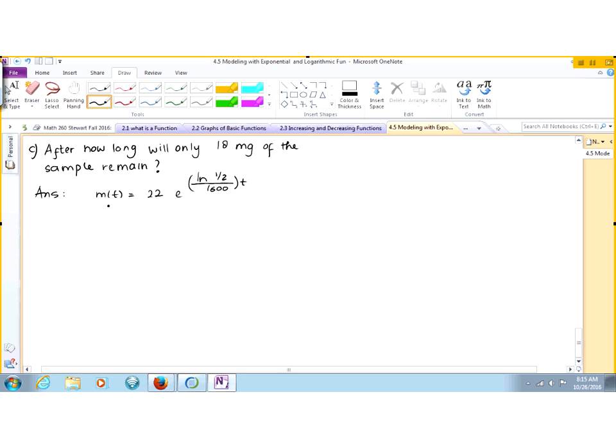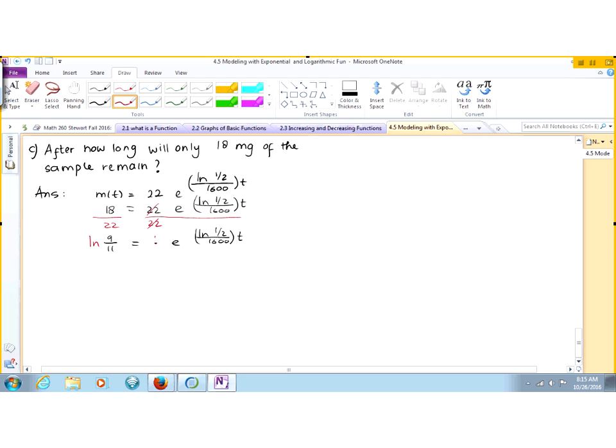Okay, so how are we going to do this? 18 is equal to 22 e to the ln half over 1600 t. Okay, good. Now what? Same thing, divide by 22. We always need to isolate. So what is 18 divided by 22? 9 over 11 is e to the ln half over 1600 t.